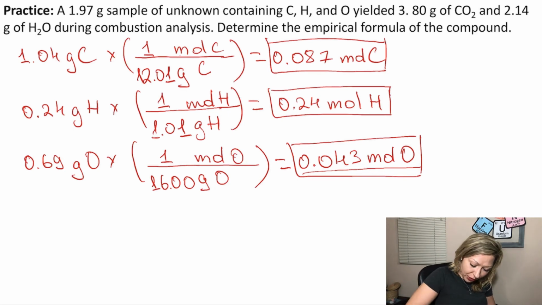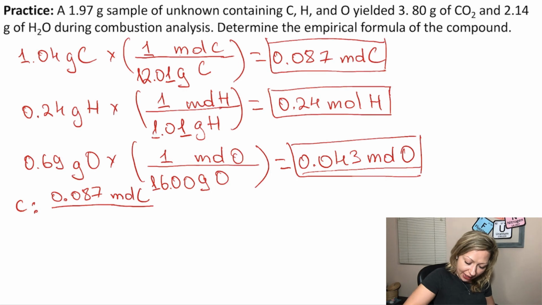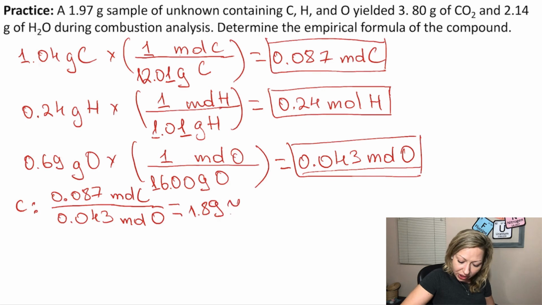So I'm going to do the calculation first for carbon. I take 0.087 moles of carbon divided by 0.043 moles of oxygen, and I'm going to get 1.89, which can be rounded up to 2.